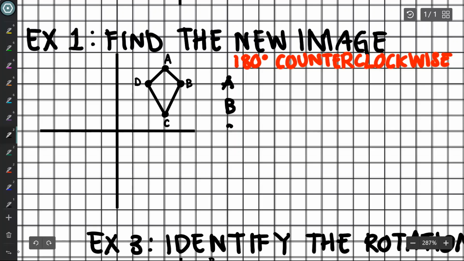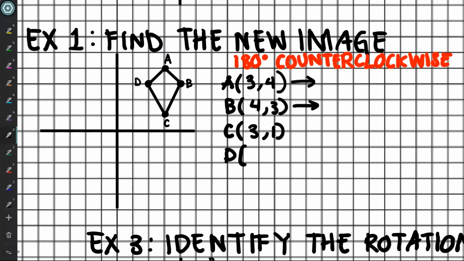A, B, C, and D. So A is at 3, 4. We'll draw our arrow. B is at 4, 3. C is at 3, 1. And D is at 2, 3. I'm going to draw our arrows.